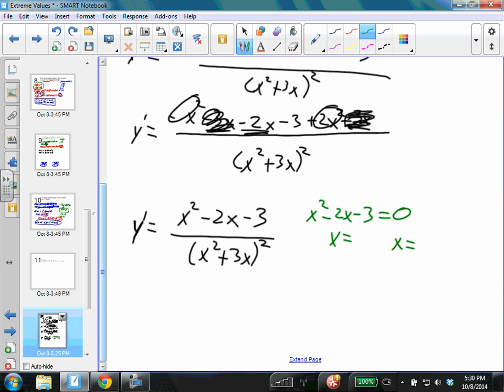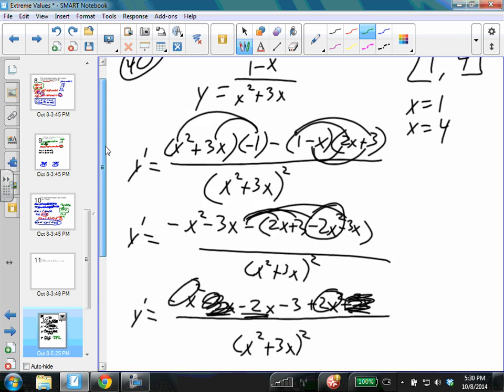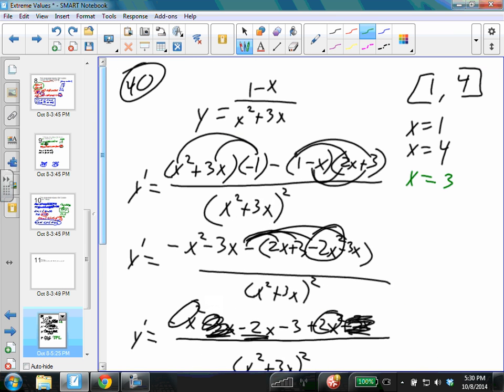For A in this one, we have 1, for B we have -2, and for C we have -3. And it tells me that x equals 3 and x equals -1. Now I'm going to come up here and add these: x equals 3, x equals -1.